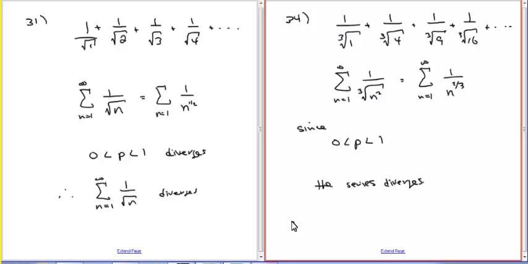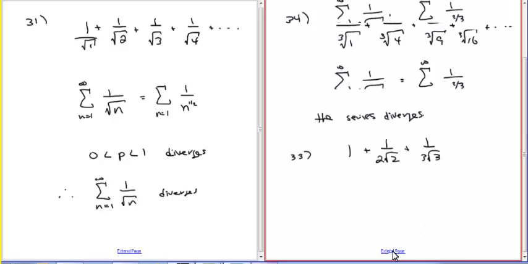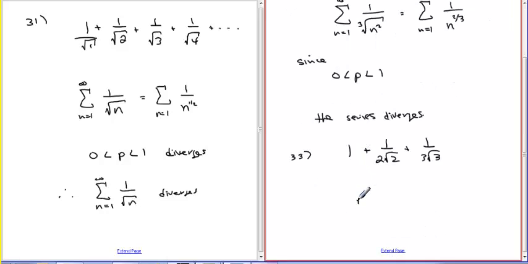Now, we didn't ask to do 33, but let's just look at that one. There you've got 1 over the square root of 2 plus 1 over 3 square root of 3. In this case, the series is 1 over basically n square root of n, which is 1 over n to the 3/2 power.